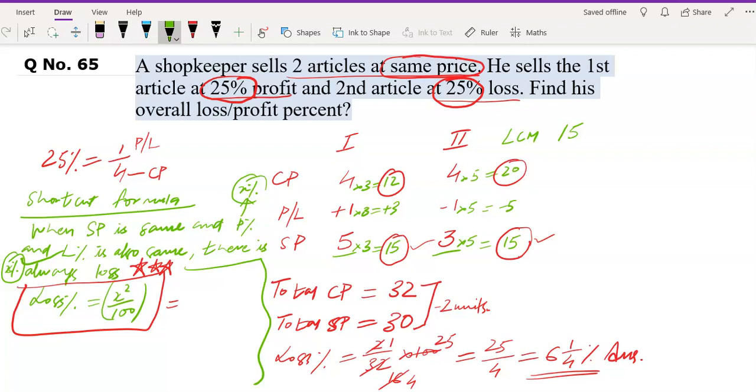There is 25% profit and loss, so we will do 25 square divided by 100. 25 square is 625, divided by 100 will give us 6.25%. So 6.25% is equal to 6 1 by 4% if we write it in fraction. So we can directly get the answer.